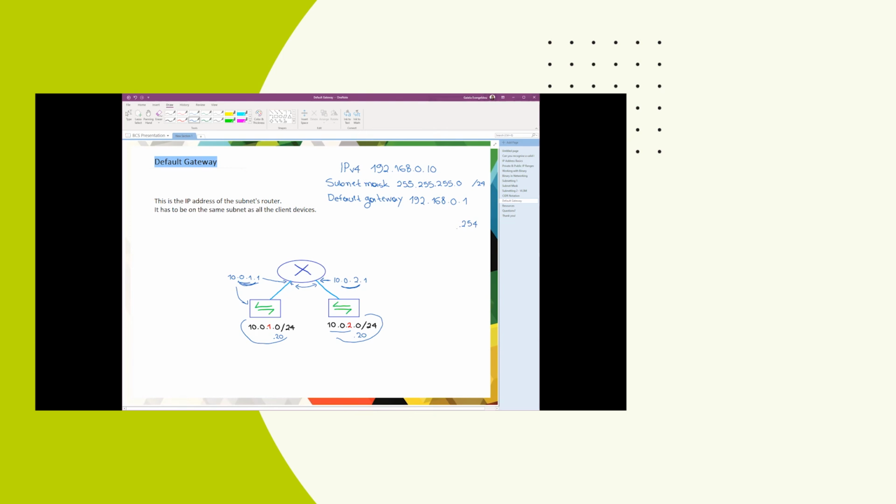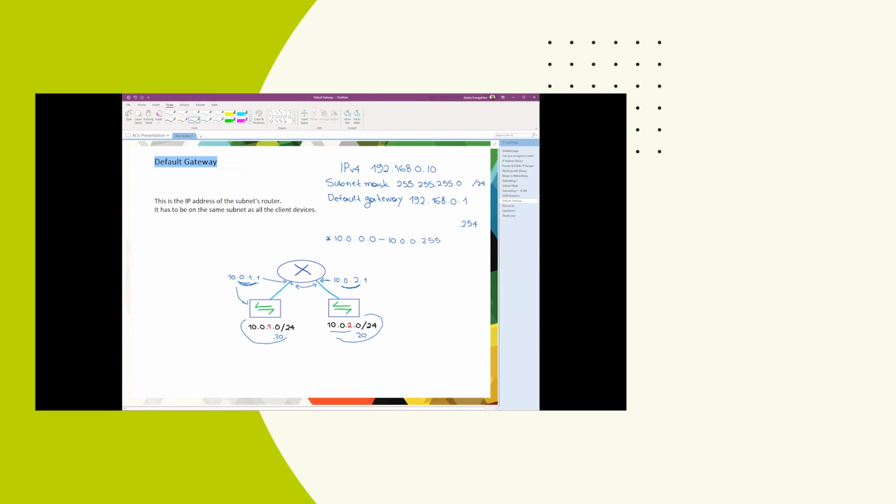Let me make a note here, an asterisk. We're talking about ranges and capacities and the highest available IP addresses in the subnets. Let's say a subnet of 10.0.0.0, and we said if it's a slash 24, it goes up to 10.0.0.255. Let me tell you something here.